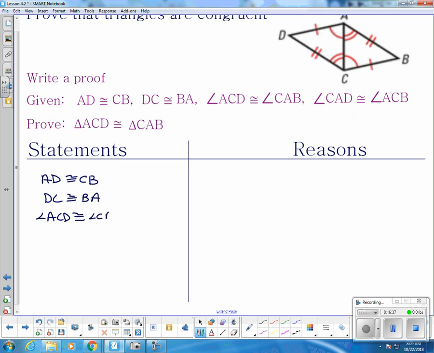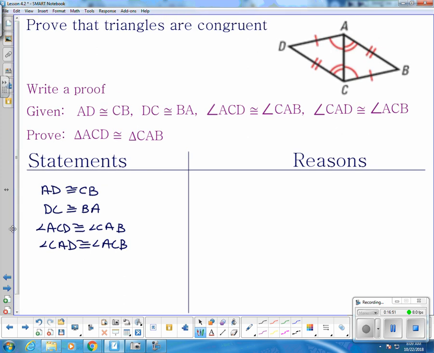So we're going to rewrite our given. Notice I'm having to write the three letter angle instead of just the one angle because we have so many in the C's and the A's. All right, so all of this stuff was given to us.